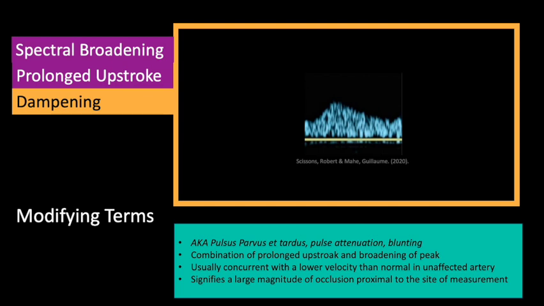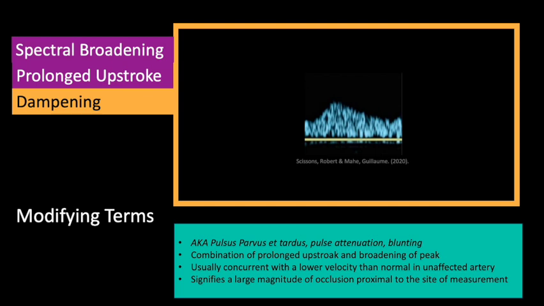And then our last qualitative assessment modifier is actually a combination of the two that we've already seen, both spectral broadening and a prolonged upstroke together. And when seen in combination, we call this dampening. For historical purposes, this is also sometimes referred to as pulsus parvus et tardus, which you probably learned in medical school as being a physical exam finding of aortic stenosis.